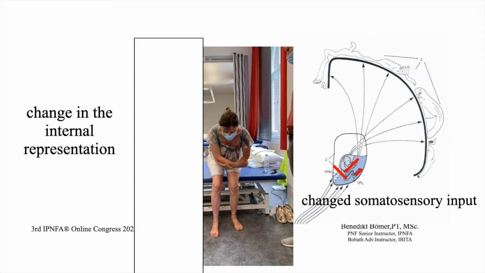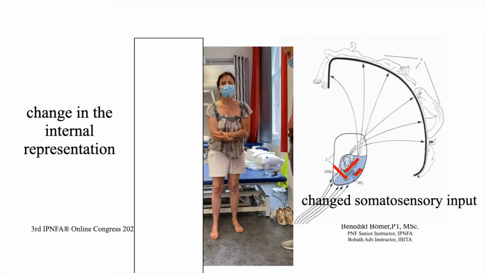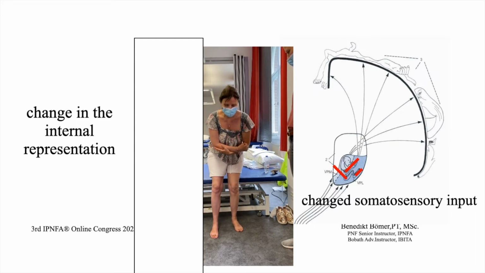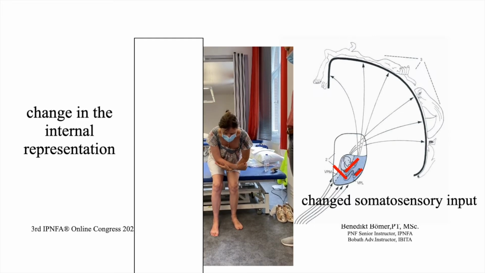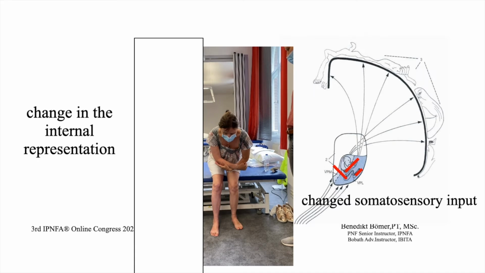Now you see she's able to keep the right knee in alignment. So through standing, in general, we can easily activate our pathways from the brainstem, so it's easier for her to activate her extensors. And now the heel is on the ground, so she gets clear proprioceptive information from her heel, and this makes it easier for the central nervous system to plan the right muscle activity.